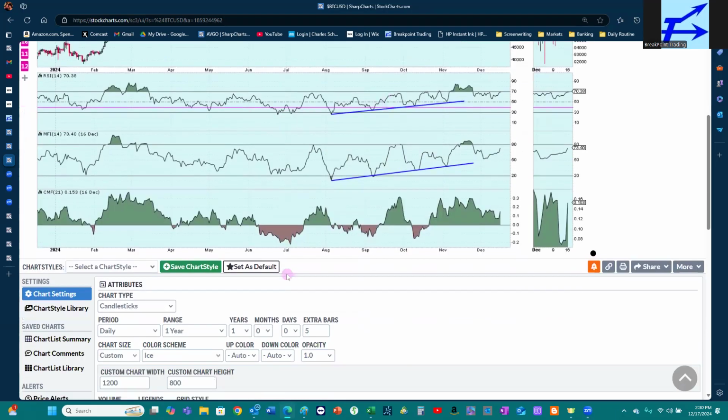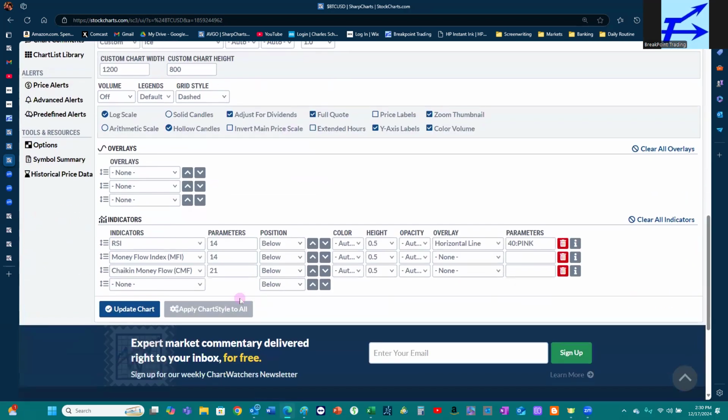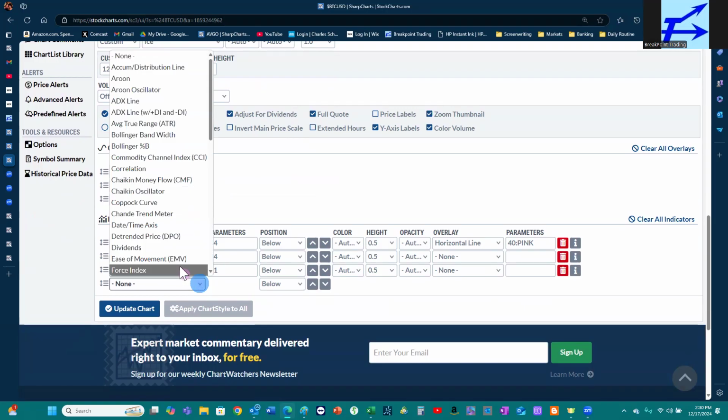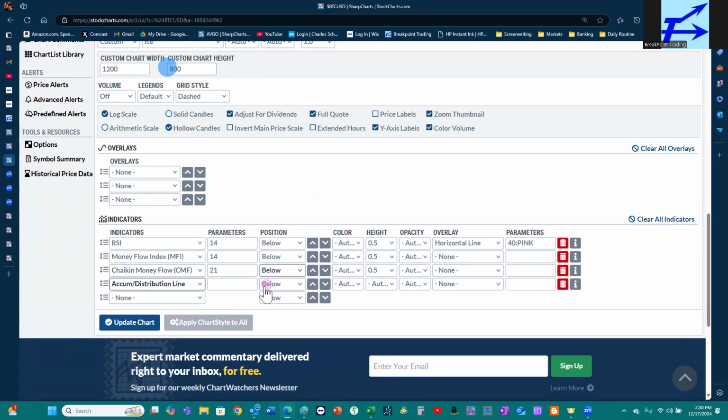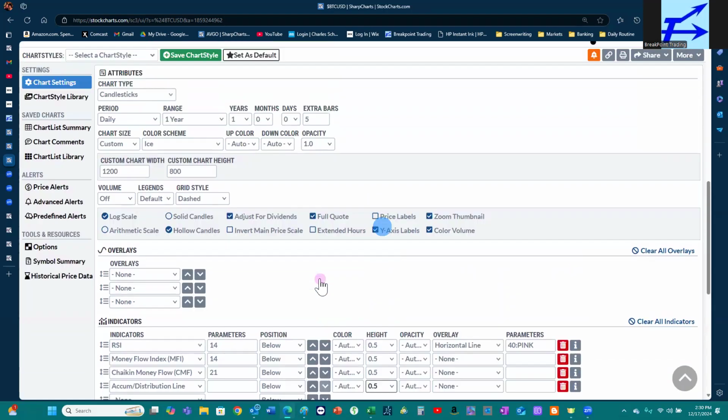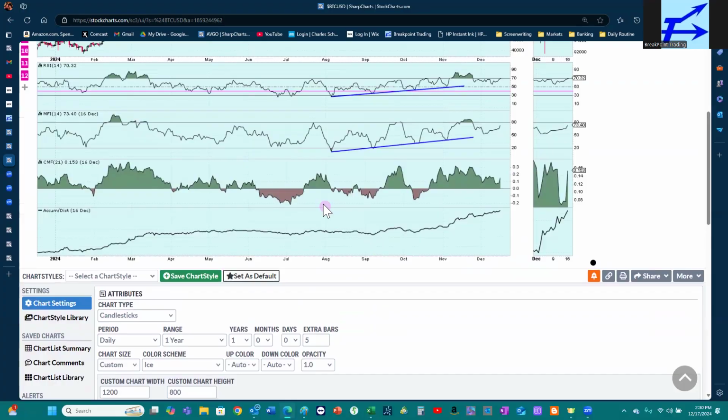All right, the next one I'm going to show you is the advance decline line. So like I said, it's right here, accumulation distribution line. Now this is a cumulative indicator. So rather than a bounded indicator or a binary indicator, plus or minus, this is cumulative.